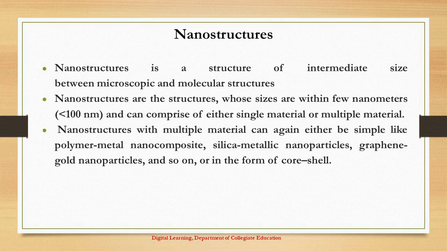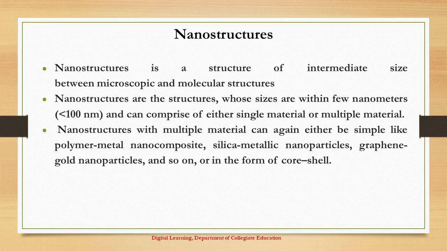Now, when we come to the structures, nanostructures, they are the intermediate size between microscopic and molecular structure. So, molecular structure and microscopic structure, in between comes what we call the nanostructure. The nanostructure sizes are within a few nanometers.